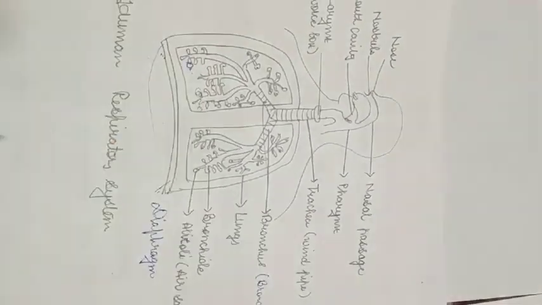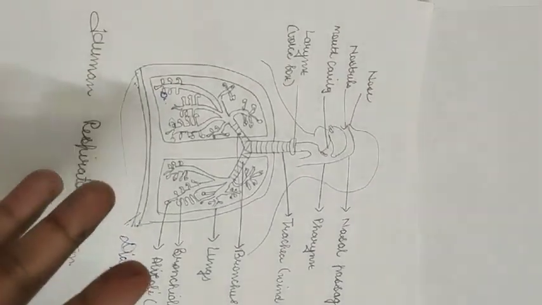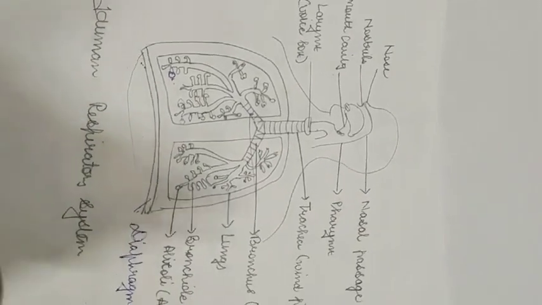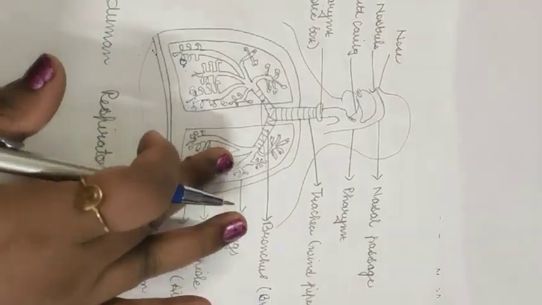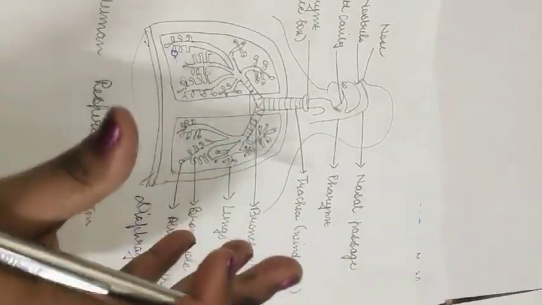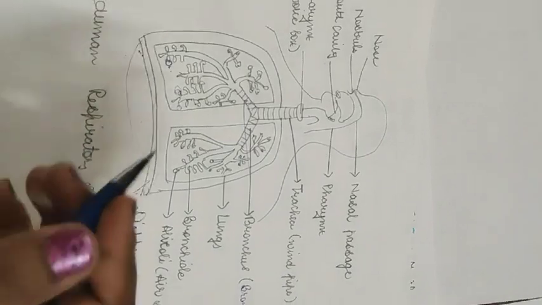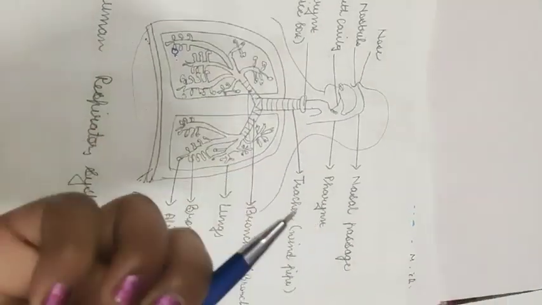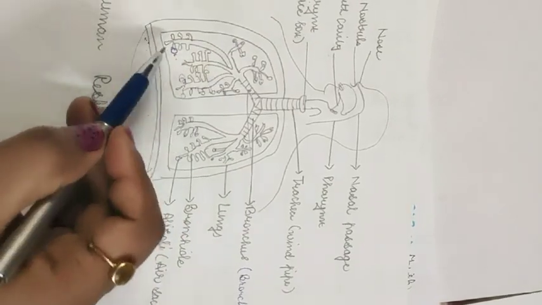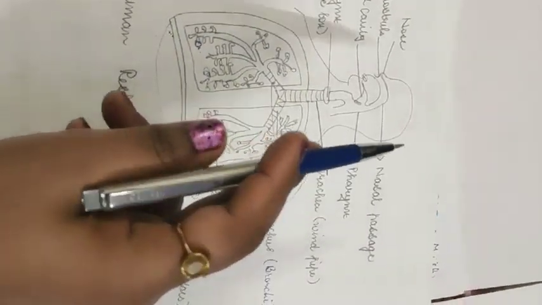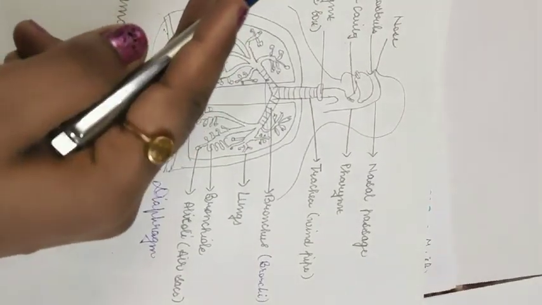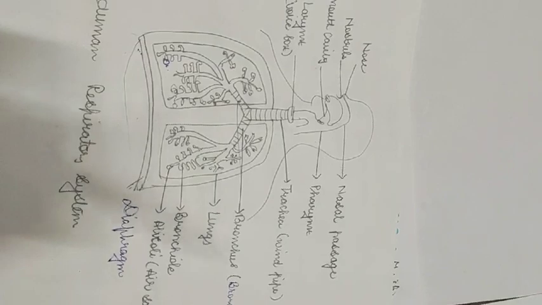Then when we breathe out and exhale, our ribs relax, the rib cage moves downward, and the diaphragm moves upward. All the air will move out of these sacs, they will be empty, and we breathe out. So the chest cavity becomes small and air is pushed out of the lungs.